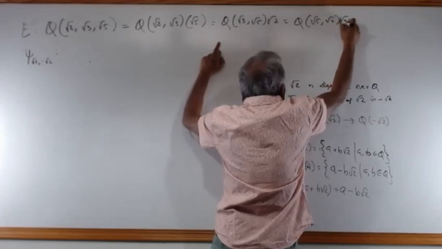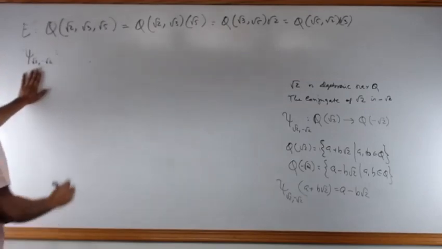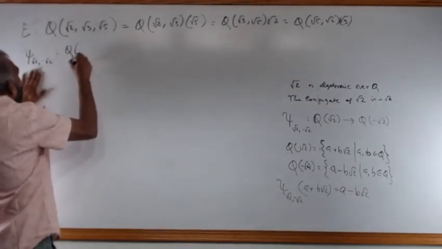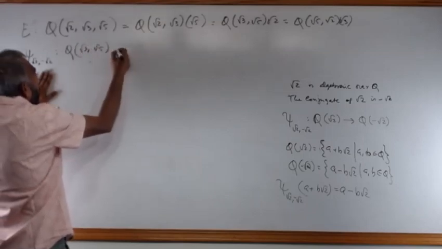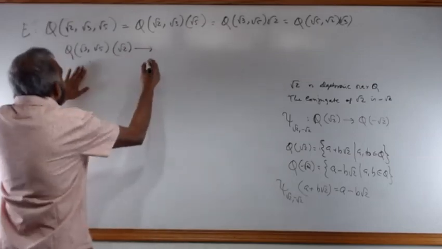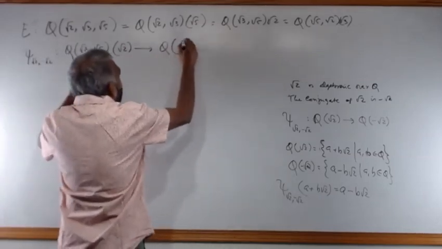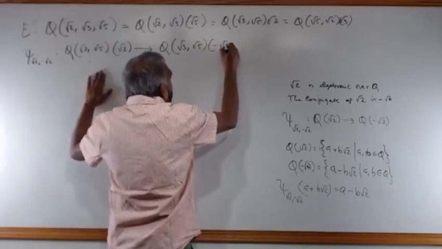All are same. This we are going to define from Q of root 3 comma root 5 of root 2 to Q of root 3 comma root 5 of minus root 2.